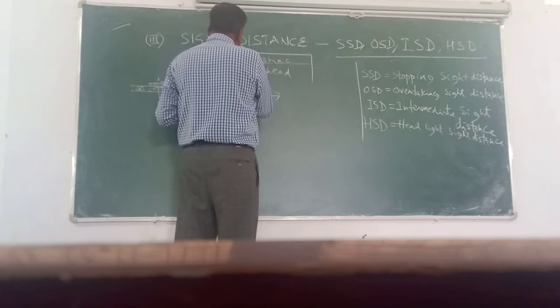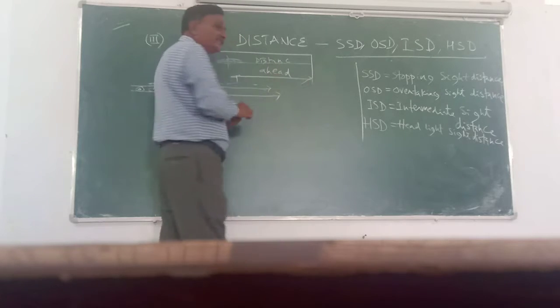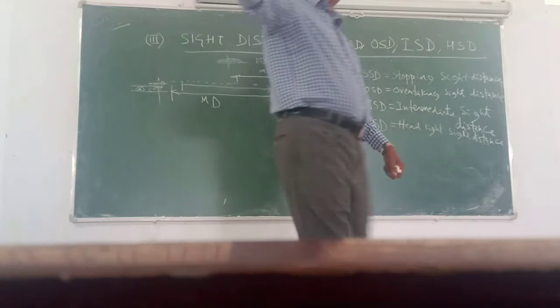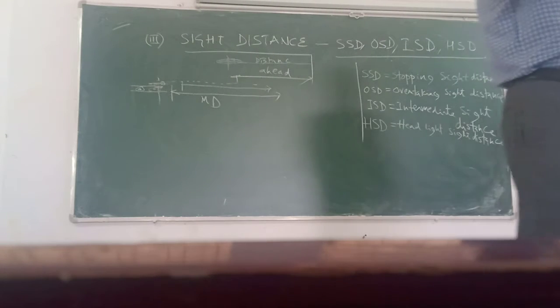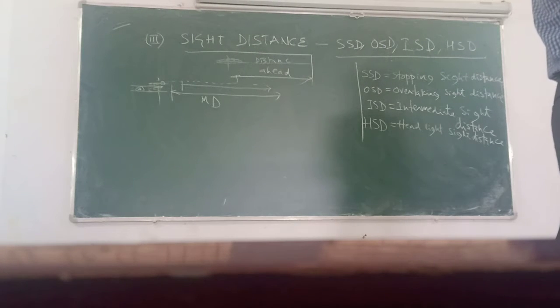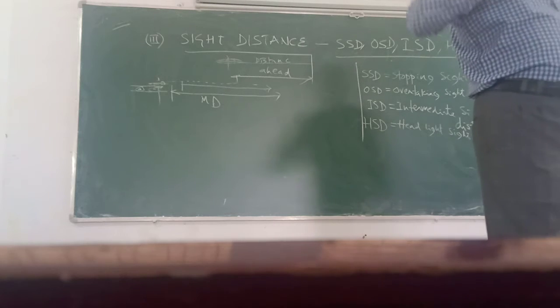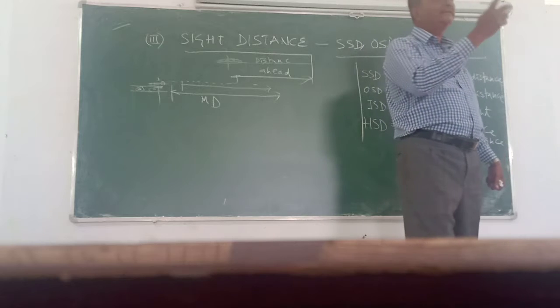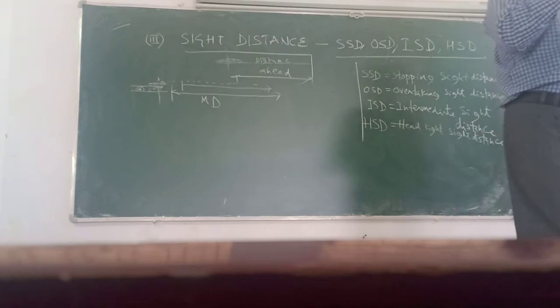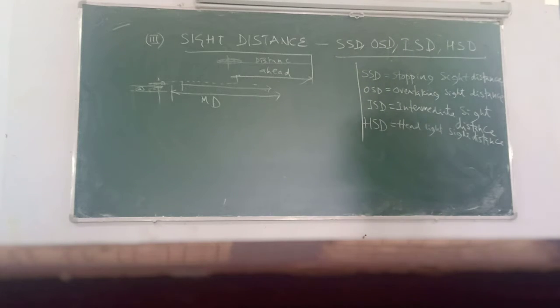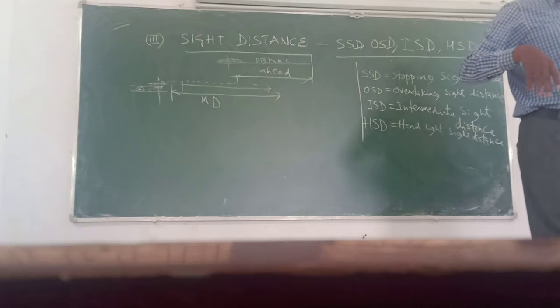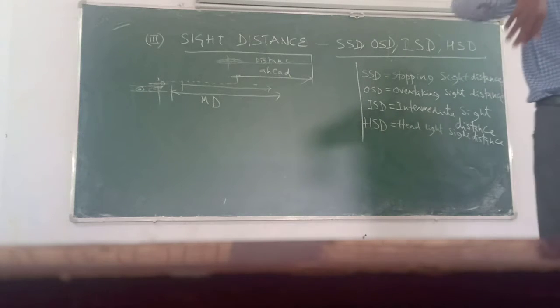So this distance is known as the sight distance, because the driver is able to see the distance from a certain height, so that he can visualize the stationary as well as the moving objects. It may be stationary objects, a vehicle coming from the opposite direction, or the vehicle which is being overtaken.